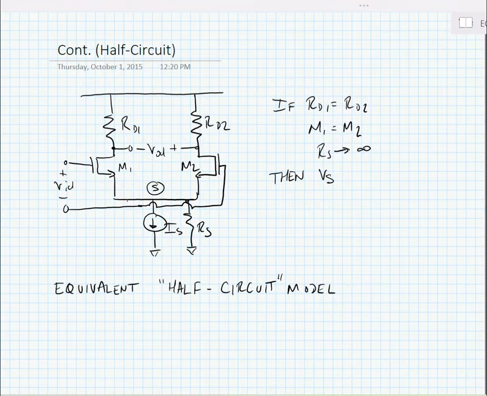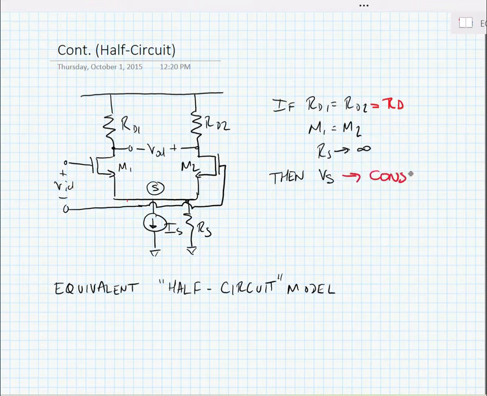So we've already said that RD1 is equal to RD2 is equal to some value RD. In other words, the resistances are equal to one another. The transistors M1 and M2 are equal to one another. And here we're saying that RS is equal to infinity. In other words, the biasing current source is ideal. If this is the case, then we know that the source voltage V sub S is a constant.